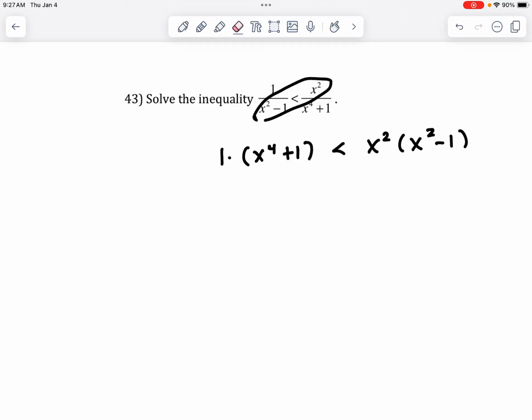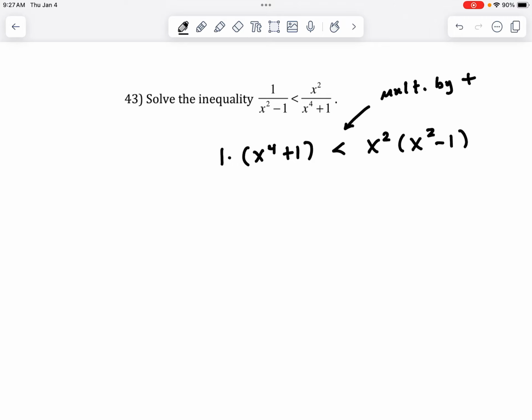Now, one other thing to keep in mind: when you multiply both sides of an inequality by a positive, the inequality stays the same. If you're multiplying by a negative, then the inequality has to change directions. So I might have to consider two cases.